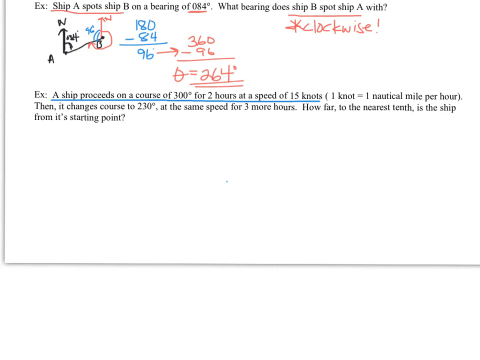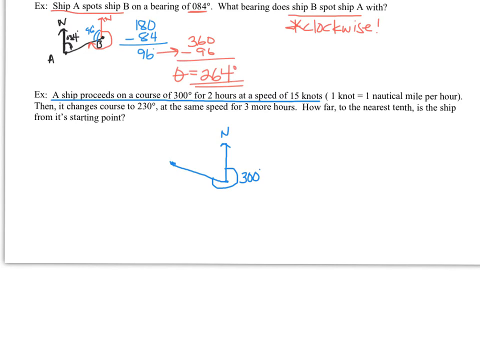So here's my ship initially, and I'm going to draw my due north. We always have a north in our picture. 300 degrees is a pretty big rotation. That's going to be over 3/4 of the way around. So I'm going to go around, we'll say about there, and go in that direction for a little while, and I'm just going to put a point. So that would be 300 degrees for that big angle.